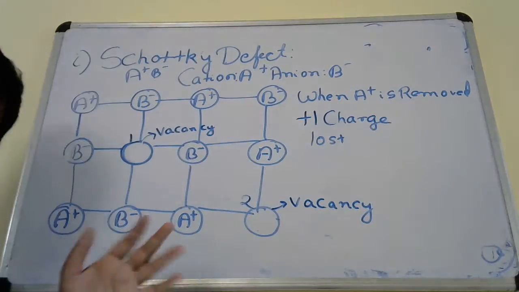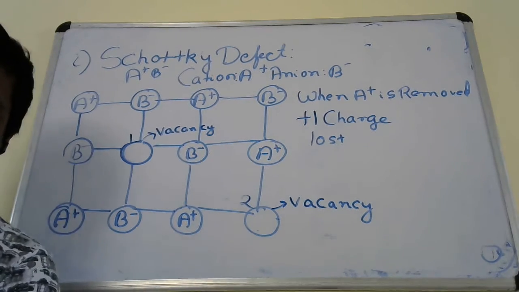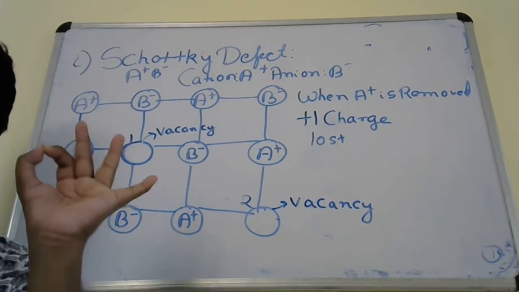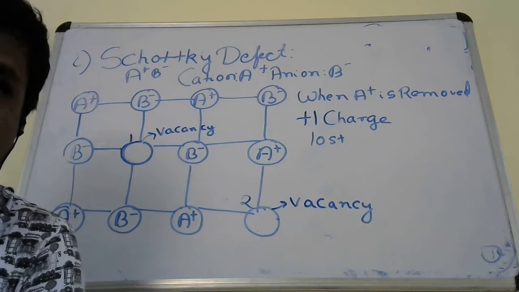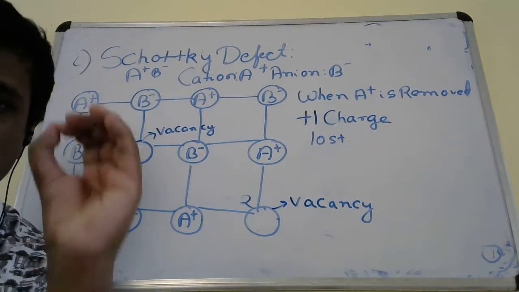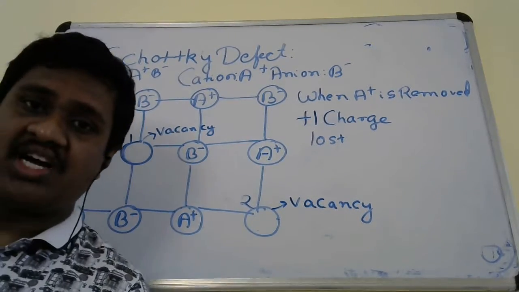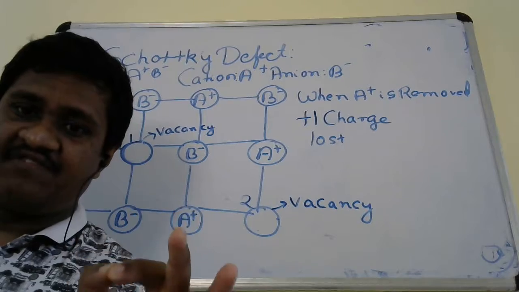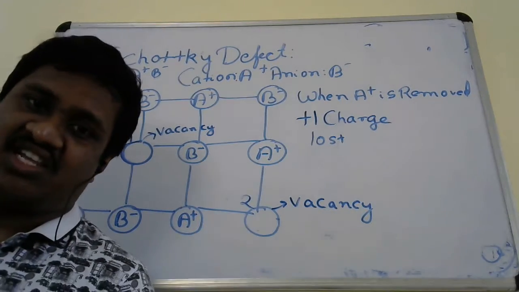Electrical neutrality means overall an ionic crystal is neutral, meaning the overall charge on an ionic crystal is 0. So we have to maintain that neutrality in an ionic crystal.